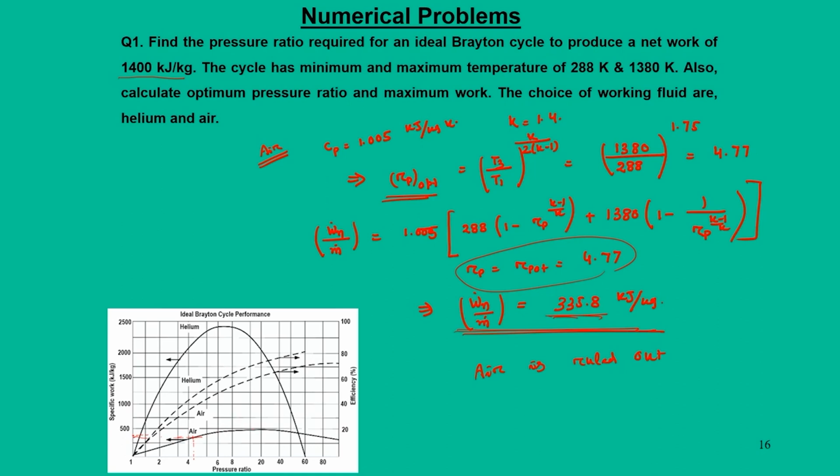But with helium, with this ratio of 2.2, we can easily go up to 1400. So, this is cross verified from these graphs.